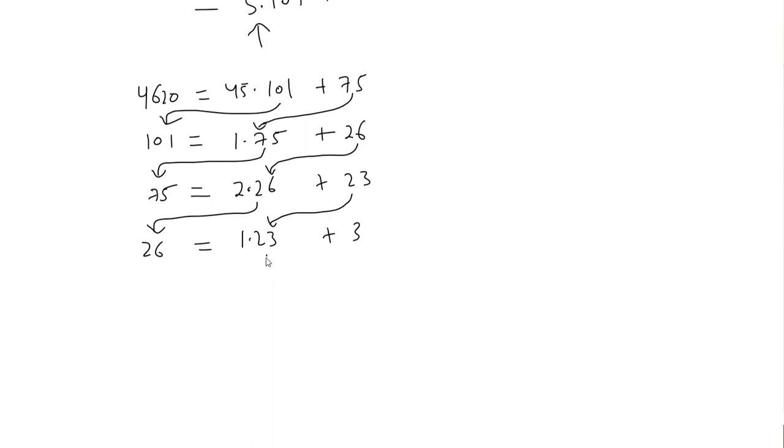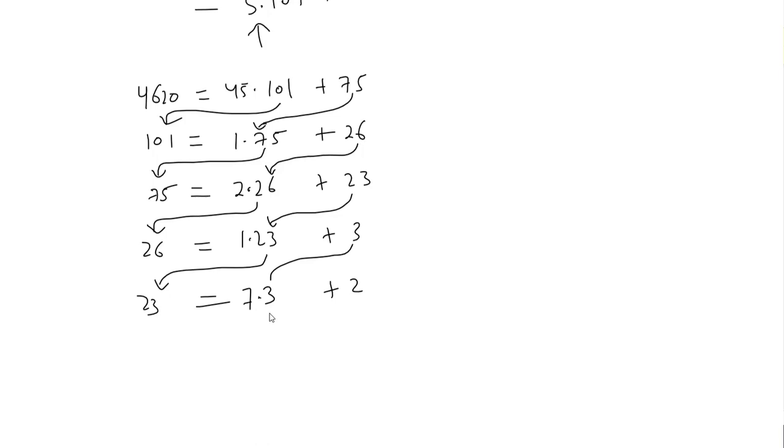Then again, this will be 23 and this the divisor. So this is 7 times 3 plus 2. We'll get a quotient of 7 and a remainder of 2.